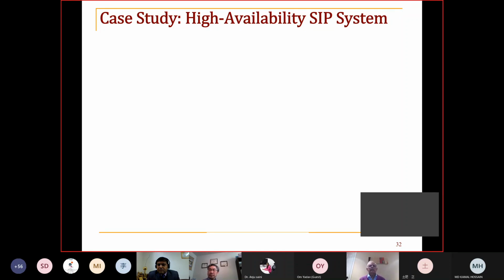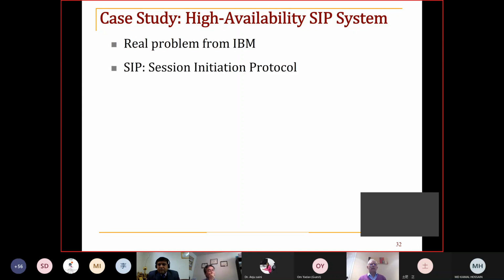So the case study here is that IBM developed a high availability system for SIP. What is SIP? This is a real world problem from IBM, and SIP stands for Session Initiation Protocol, which is what is used for voice over IP. And the hardware platform that IBM used is the IBM Blade Center.